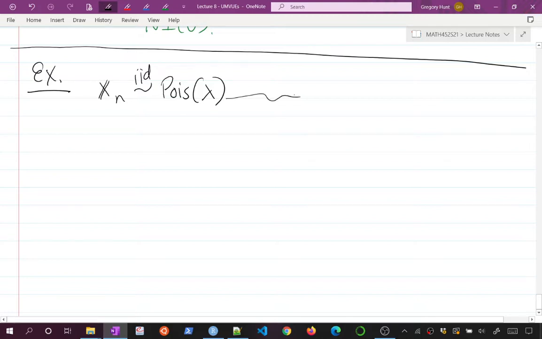So this means what? f lambda of x is lambda to the x e to the negative lambda over x factorial.